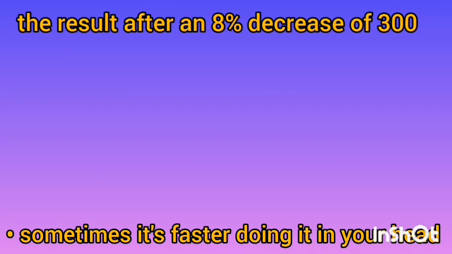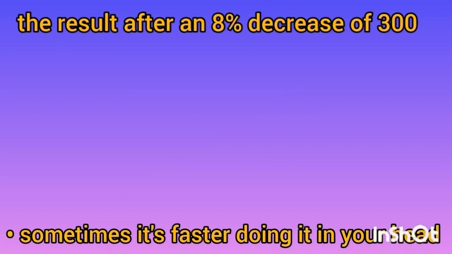Now, what will be the result after an 8% decrease of 300? You can pause the video and try it out yourself, and try to get the answer in, say, less than 10 seconds.